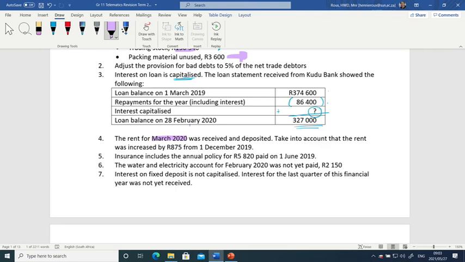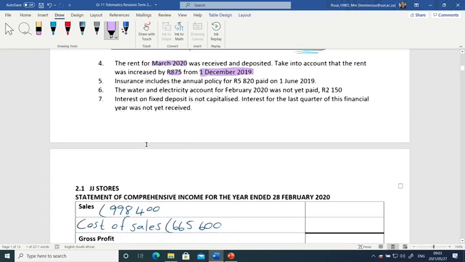Take into account that the rent was increased by 875 from when? From the 1st of December. So we've received rent from the 1st of March up to the 1st of December, a certain amount, we don't know how much. And then from the 1st of December, we increased the rent with 875, and we've received an extra month. We've received up to March 2020.